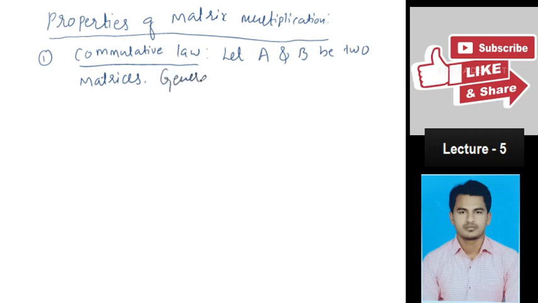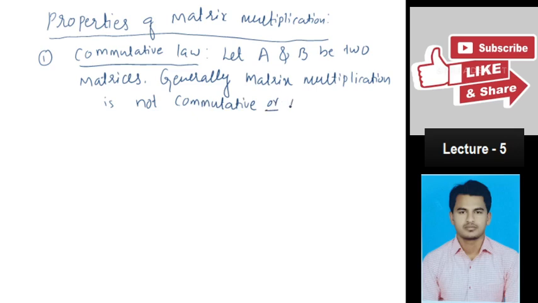Generally, matrix multiplication is not commutative, or it is anti-commutative. It means that AB is not equal to BA.